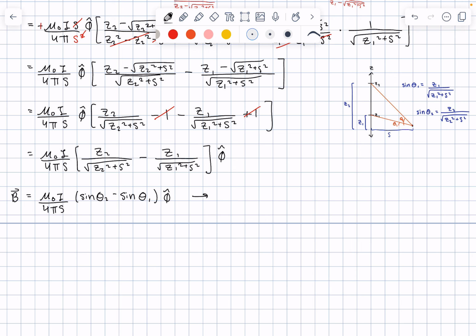And this is the same as equation 5.37. So we are good. It has been verified, and there is your solution. Just box it up here. All right.